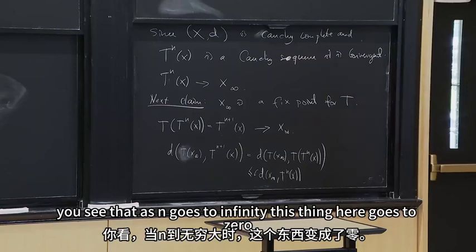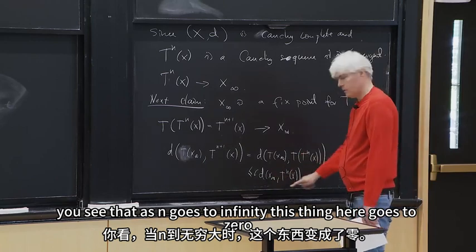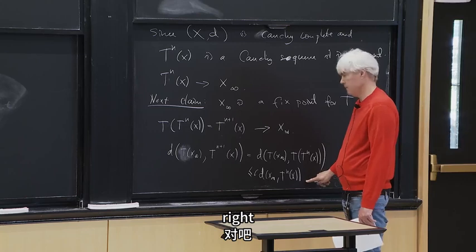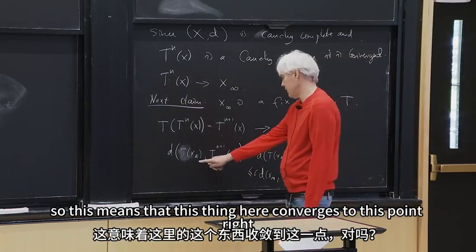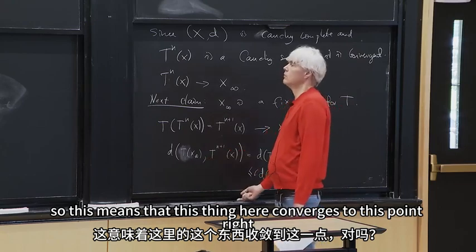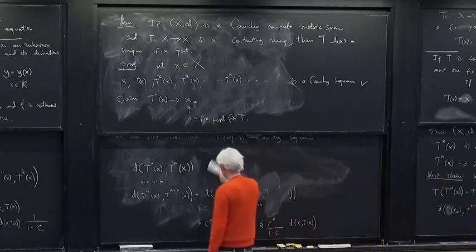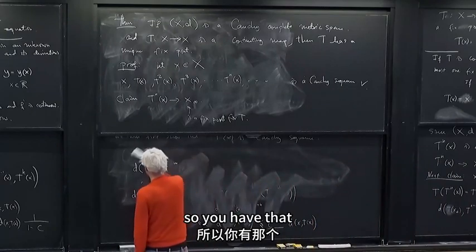But now you see that as n goes to infinity, this thing here goes to 0, right? So this means that this thing here converges to this point, right?